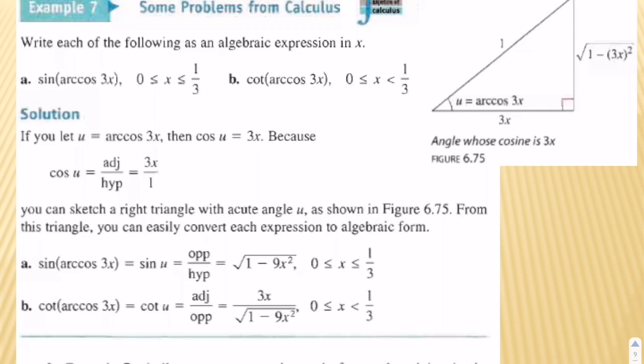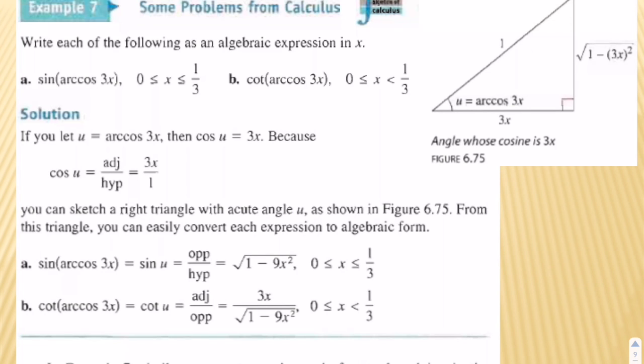Okay, example 7. Notice it's titled Some Problems from Calculus. So this is a good problem to understand because this is the kind of stuff that you will see in calculus. And I want you to notice the part where it says write each of the following as an algebraic expression in x.